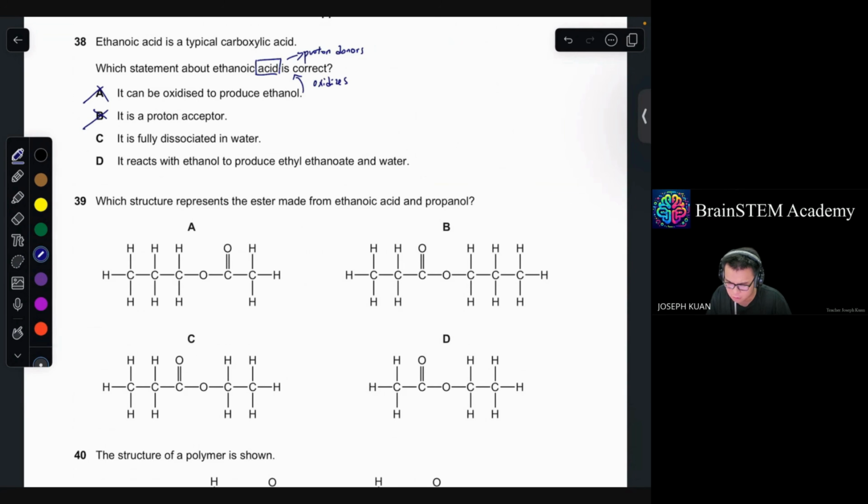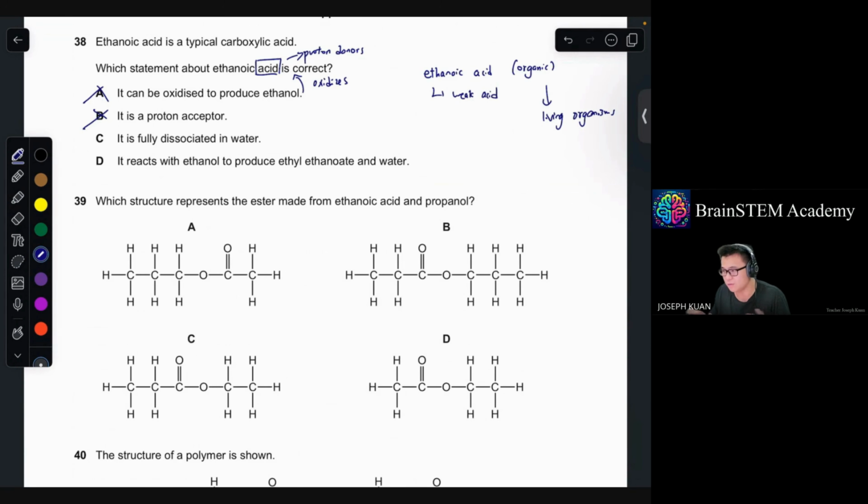C, it is fully dissociated in water. Now, ethanoic acid is an organic acid. Organic acid usually is a weak acid, right? Because if it's strong, it would have killed biological organisms. When I see the word organic, it means usually sourced from living organisms, and living organisms rarely produce strong acids.